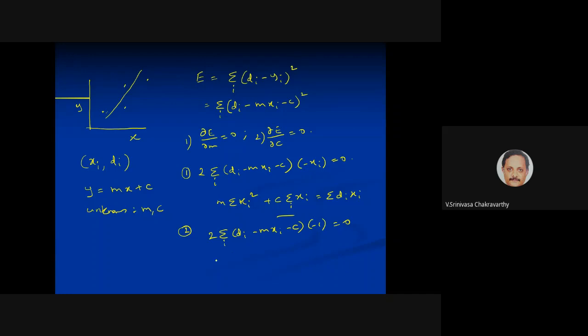So that will give you m times sigma xi plus c times sigma of 1, which will be capital N. Let's say the number of data points is capital N. Here we are using notation small n, so let's use small n. So m sigma xi plus c n is equal to sigma di.